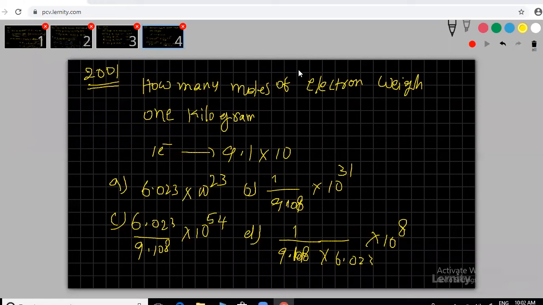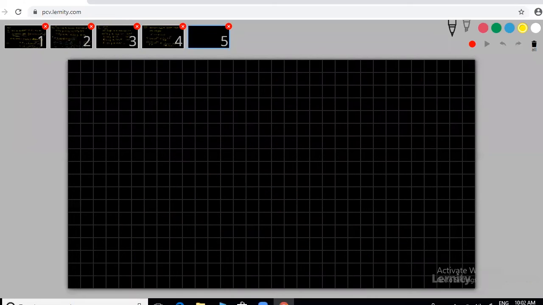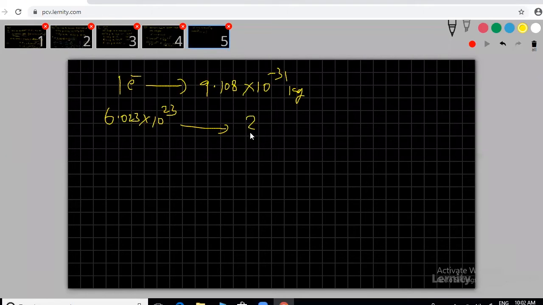How to solve is already given, sir. 1 electron weight is equal to 9.108 into 10 power minus 31 kg. You can find out how much 1 mole of electrons weighs. 1 mole means Avogadro number. You can use a different method also, no issue. Even an easier method than mine, I can accept that. One problem can be done by different methods.